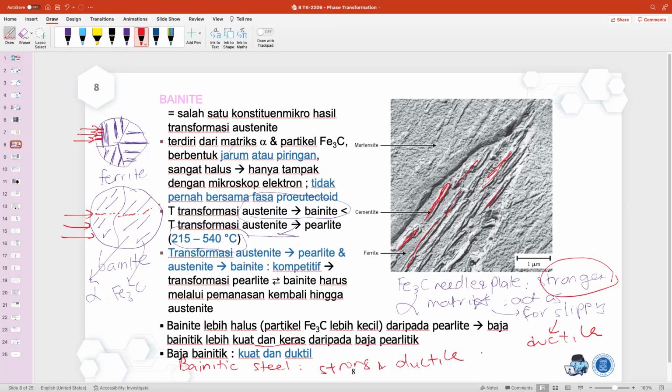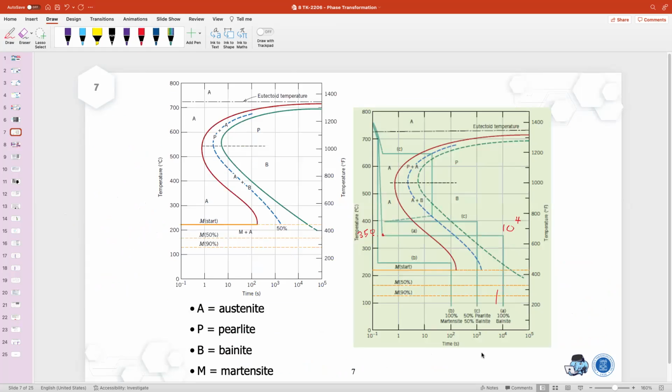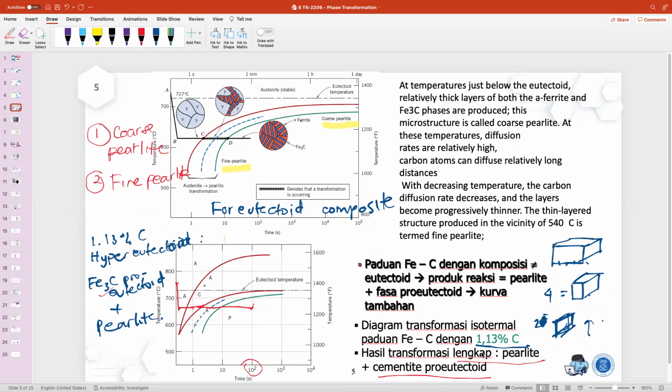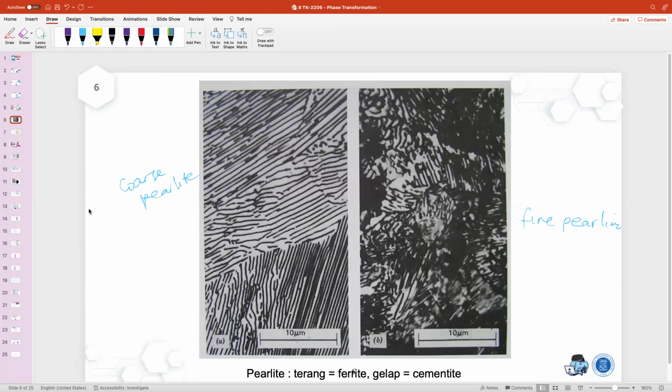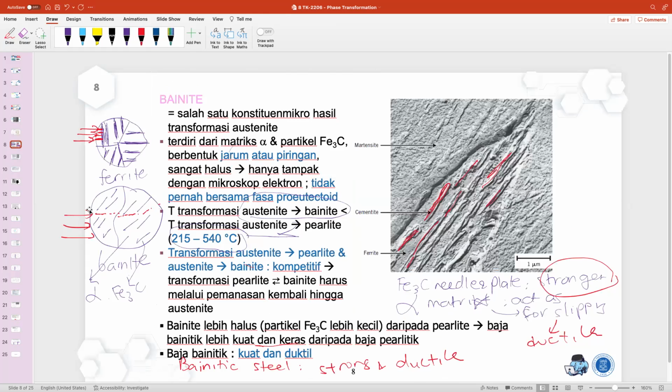Okay, so that is another phase transformation. Here I can show you that the first one is coarse pearlite, the second one is fine pearlite, and the third one is bainite. So if you go back here, the third microstructure is called bainite.